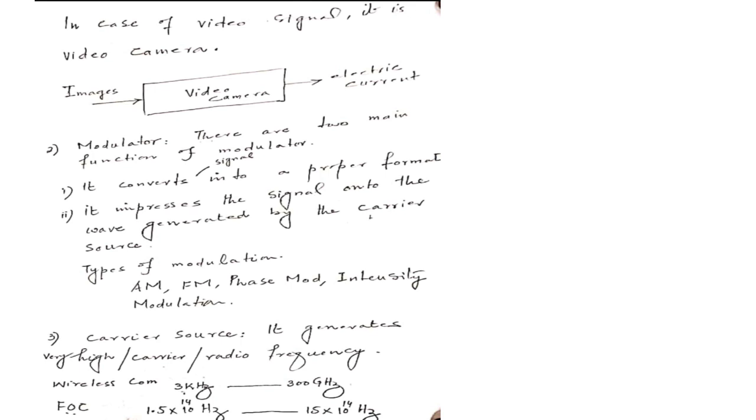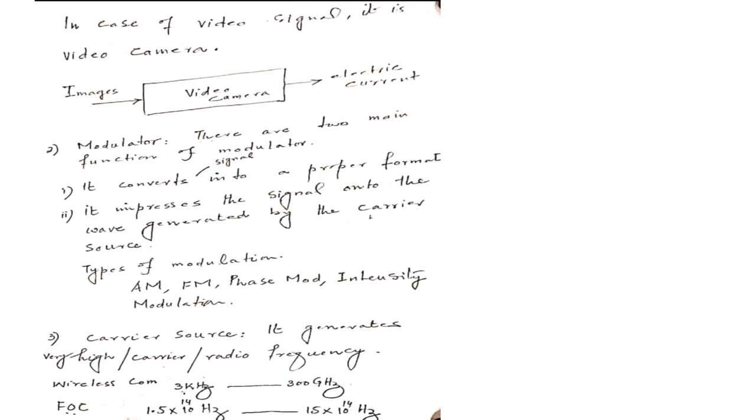If we consider the example of the fiber optic communication system, we transmit signals, we transmit information with the help of light wave from one place to another place. So in fiber optic communication system, we use intensity modulation.